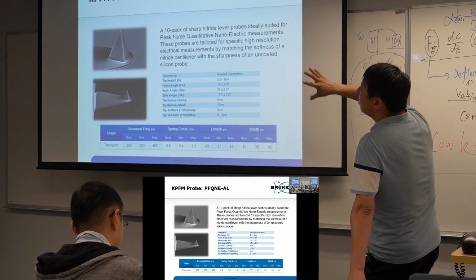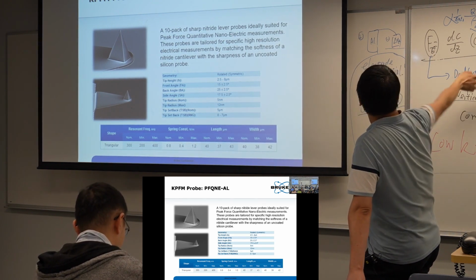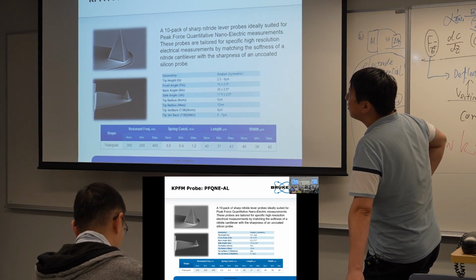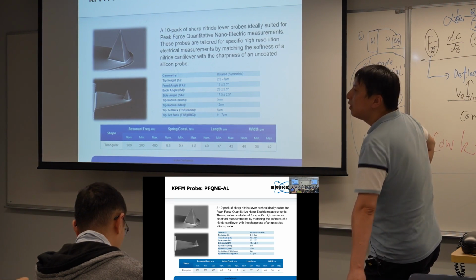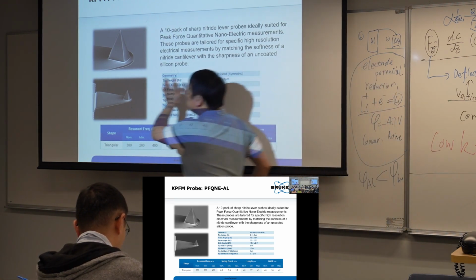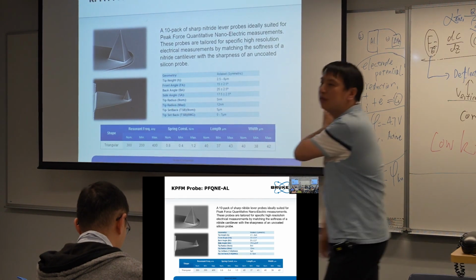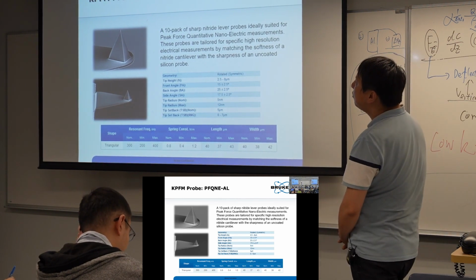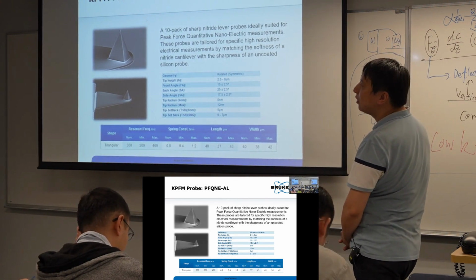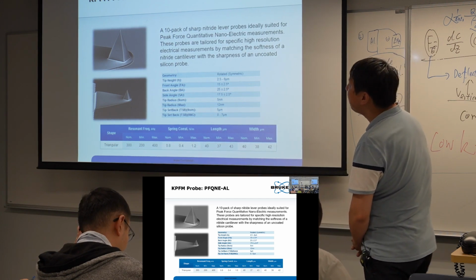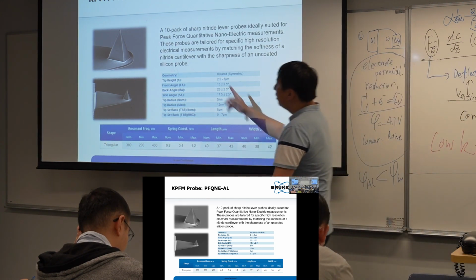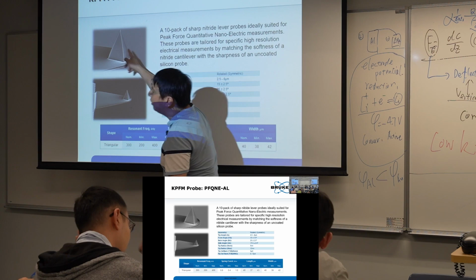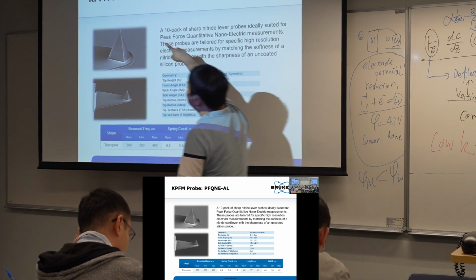But again, it's not as conductive as metals like palladium or cobalt. It still has relatively large resistance, but it is conductive enough for KPFM measurement. So it's good for KPFM measurement, but not good for current measurements.